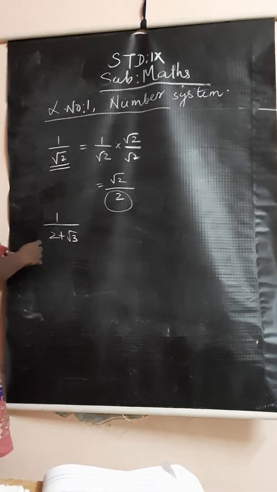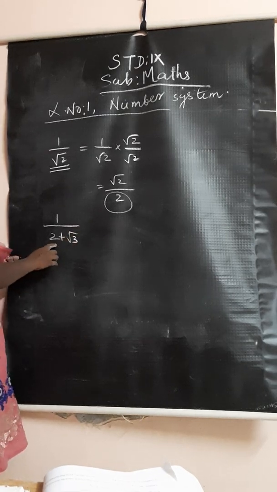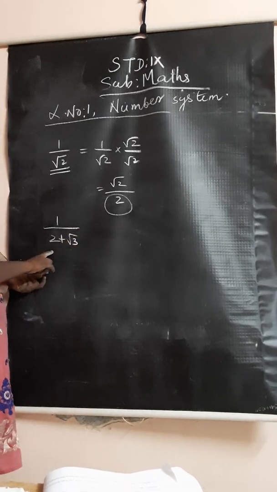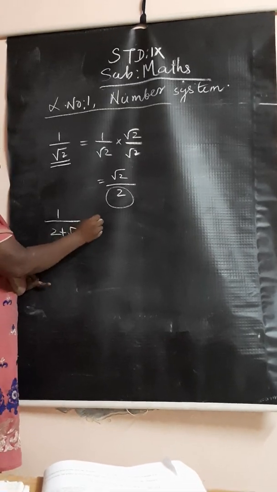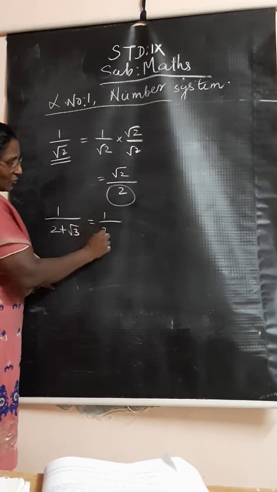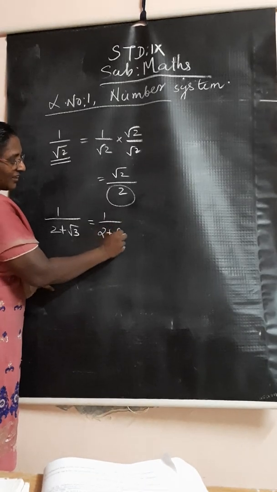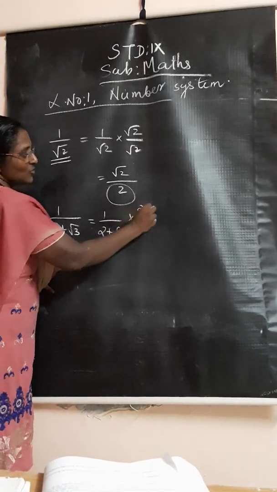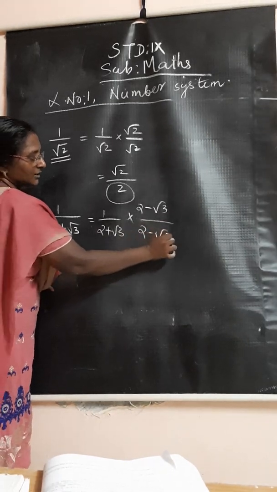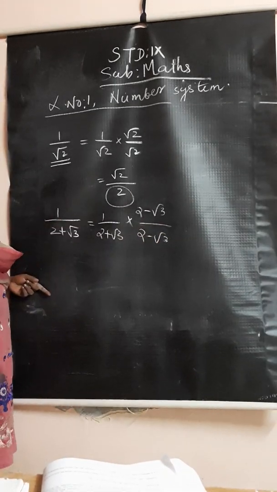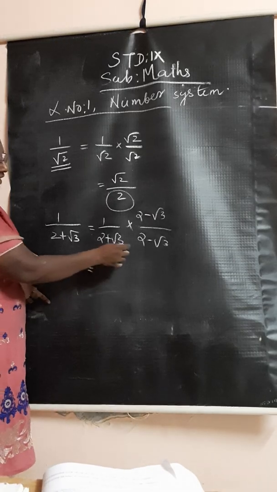So the denominator is 2 plus root 3, and its rationalizing factor is 2 minus root 3. You multiply it up and down. So 1 by 2 plus root 3 into 2 minus root 3 divided by 2 minus root 3.